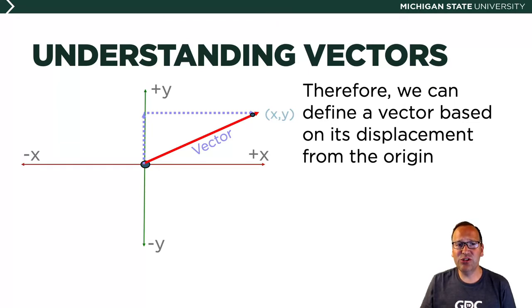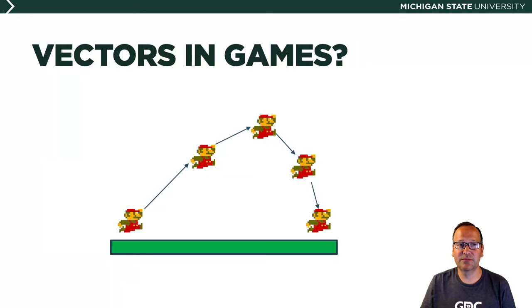That is, we just need the 1 point because we already know the origin, which is always 0, 0. So for example, this vector can be defined as Vector2(x, y).